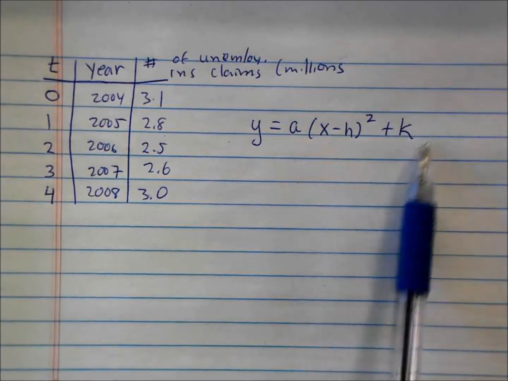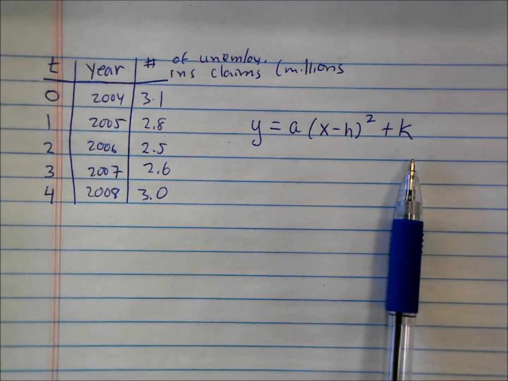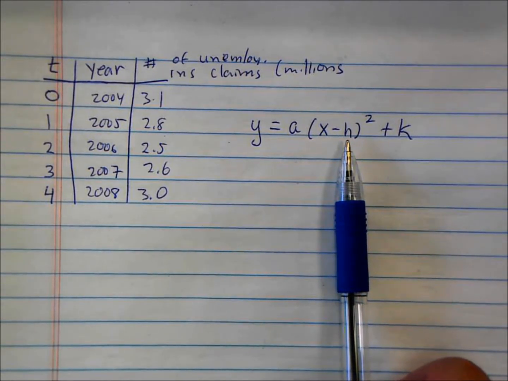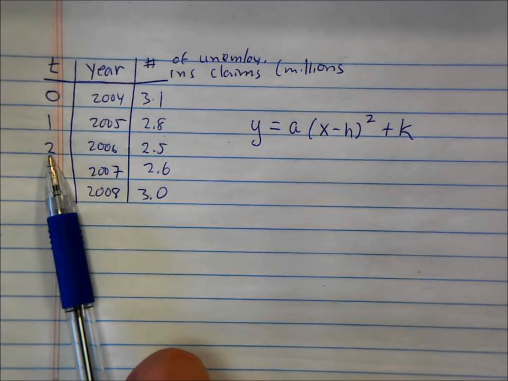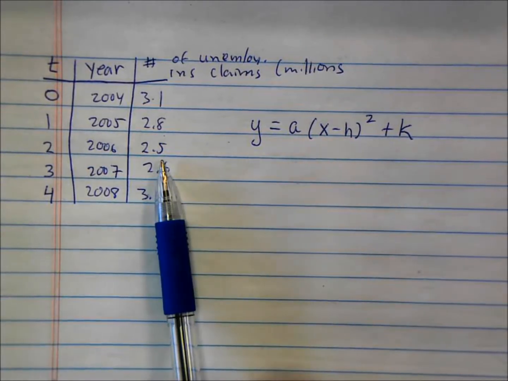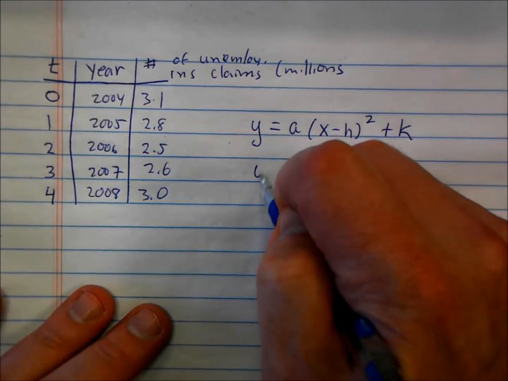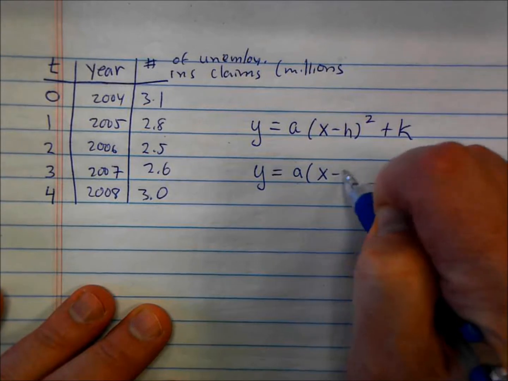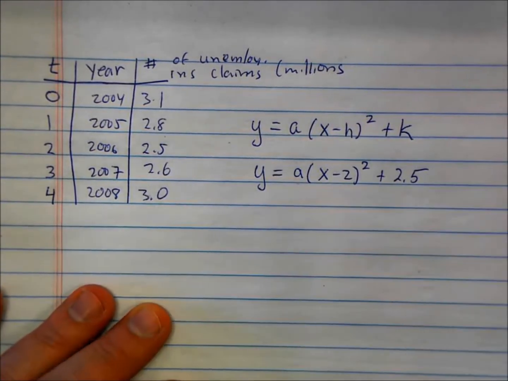So, which numbers are these in this equation? h is the number 2 because our vertex is shifted 2 places to the right. And k is the number 2.5 because our parabola is shifted 2.5 up. So, without doing a lot of work, I know y equals a times x minus 2 squared plus 2.5.